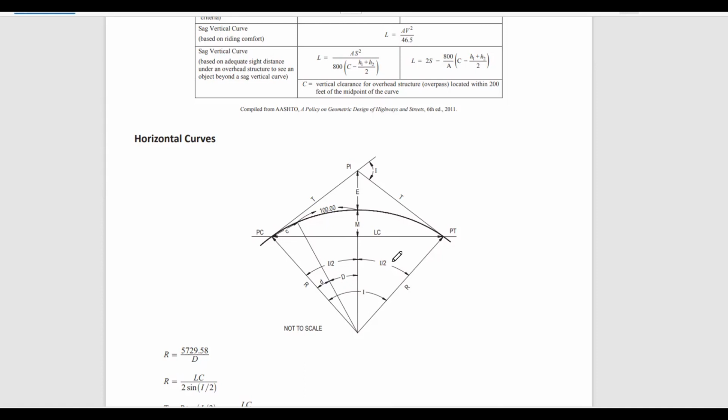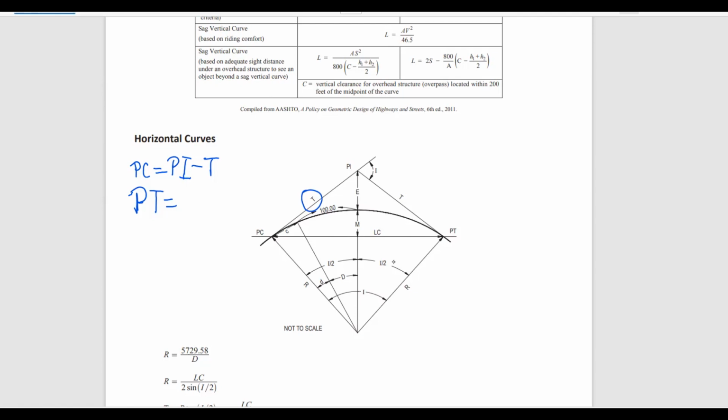So PC equals, usually we start at PI and go to find PC, PI minus this tangent over here. And PT equals, and I know you want to say PI plus PT, but that's not it.